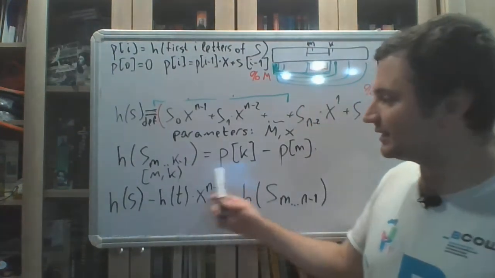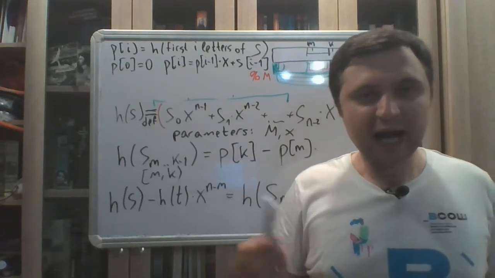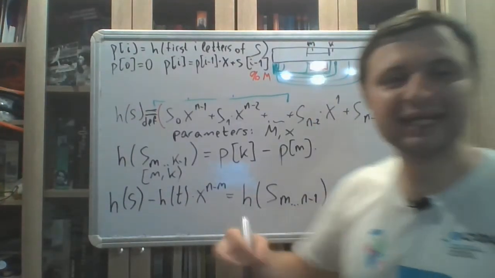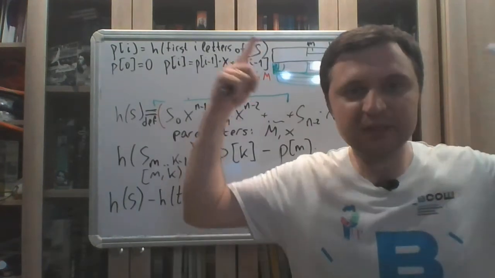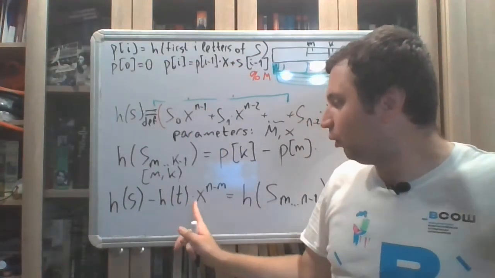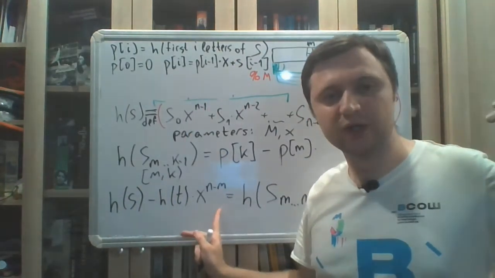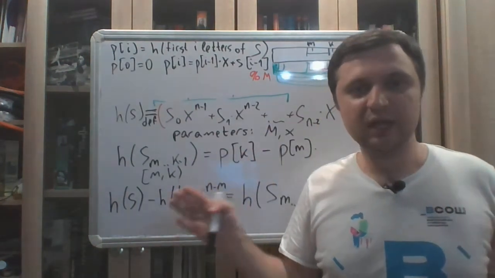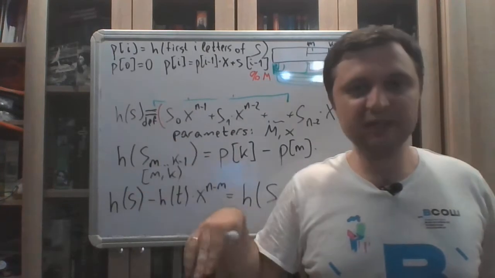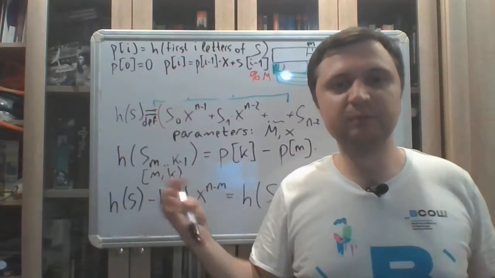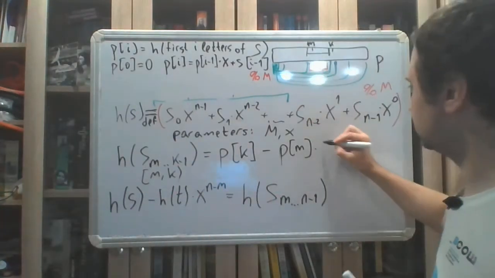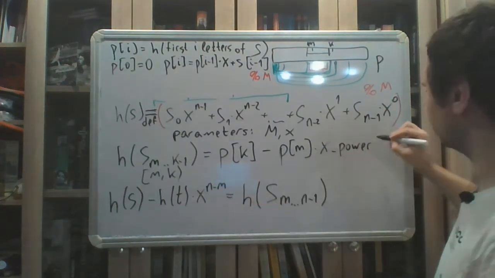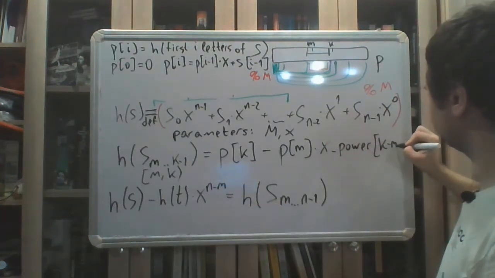If I calculate this with a long procedure, I will spend time. So let me pre-calculate in the beginning of the program all the reasonable powers of x. Since x is a very specific parameter, I can just spend some time in the beginning of the program to receive many powers of x pre-calculated. So I multiply by x to the power k minus m.